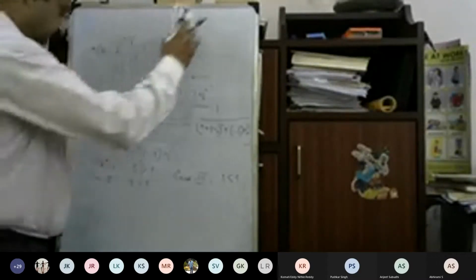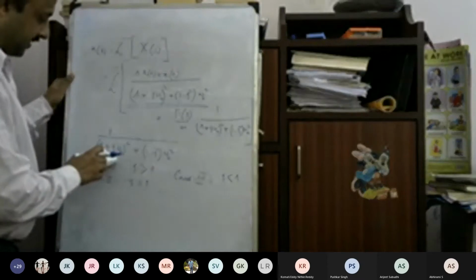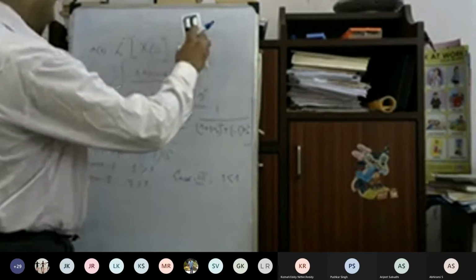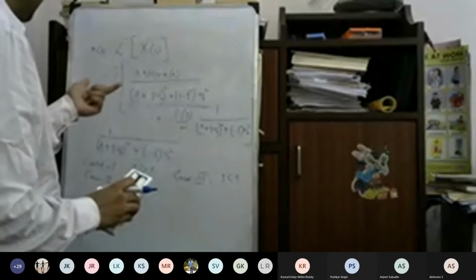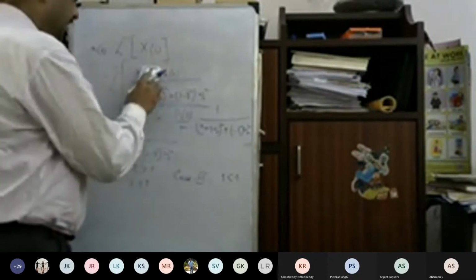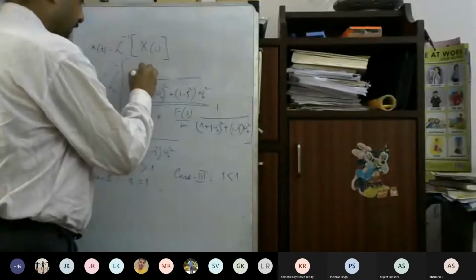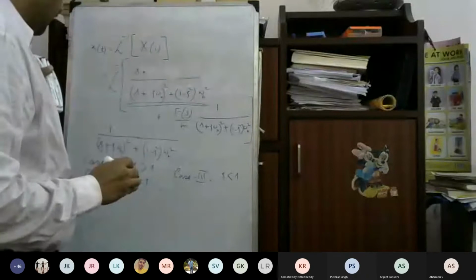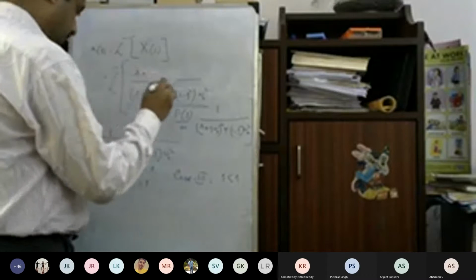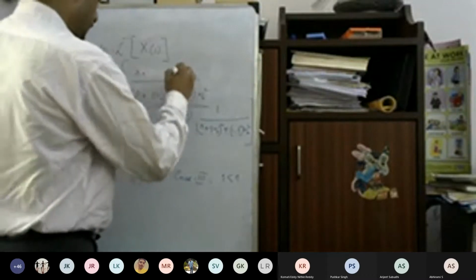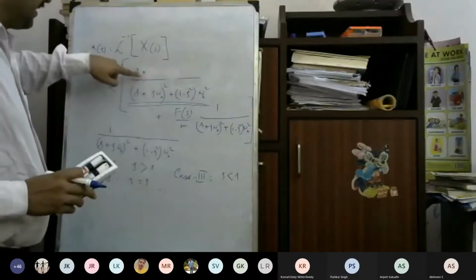Now let us see what happens when we consider this quantity, s plus zeta. Can you please tell me the numerator of this function?